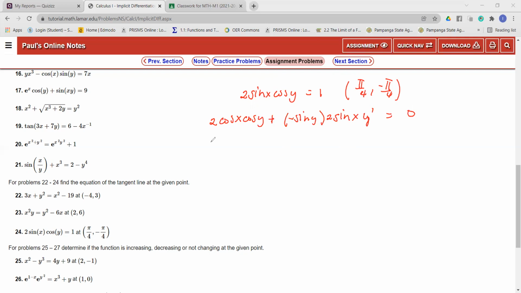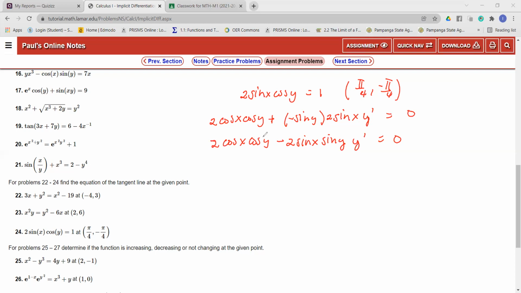This will become 2 cosine x cosine y minus 2 sine x sine y prime equals 0. Okay? So ito, pwede kong lipat to sa kabila, then divide both sides by negative 2.